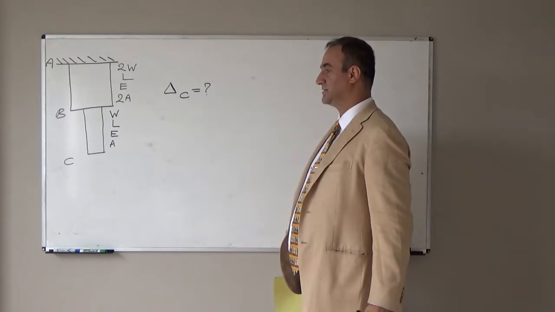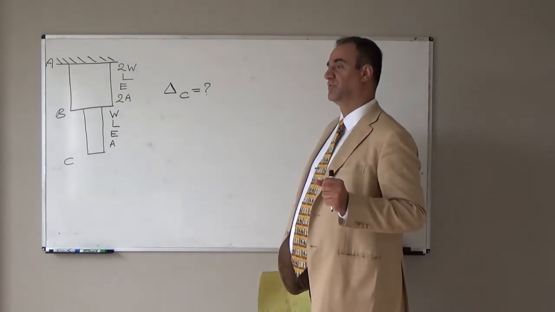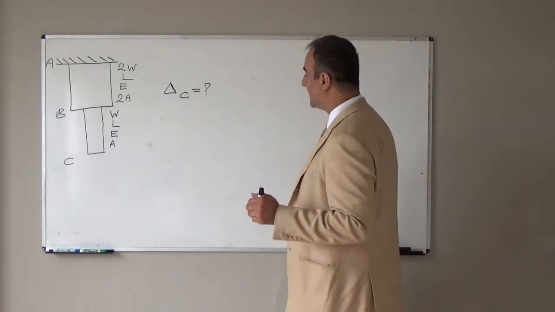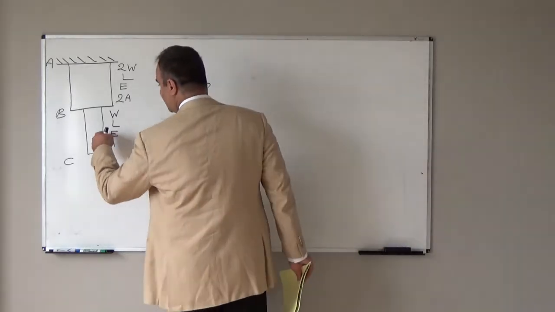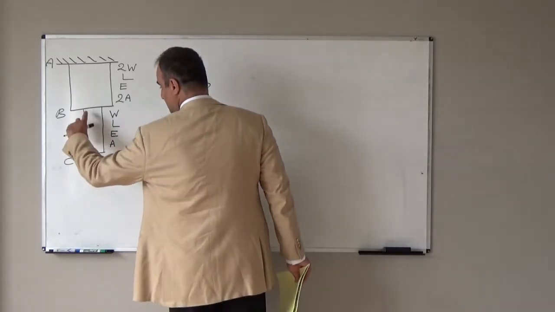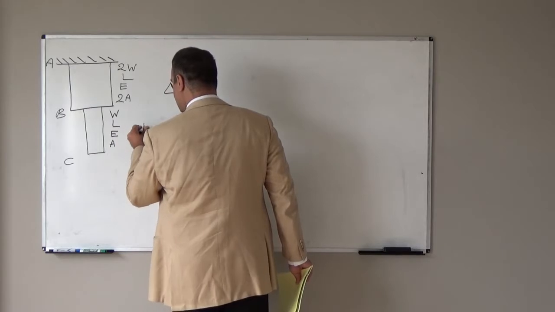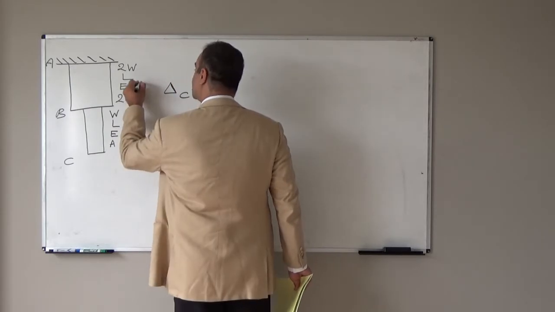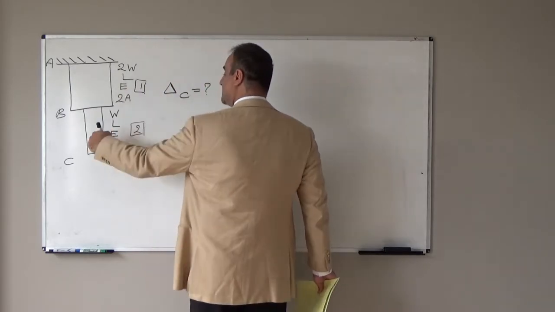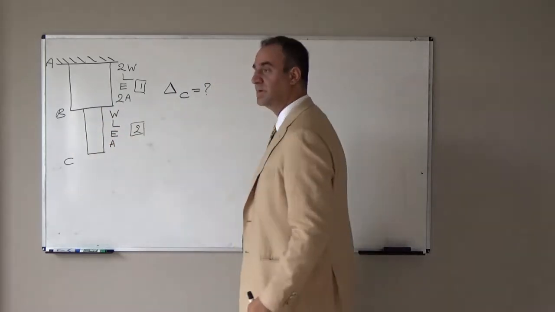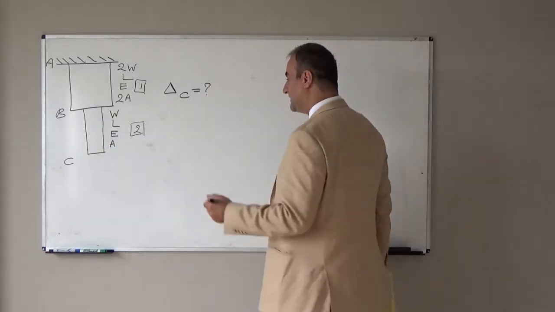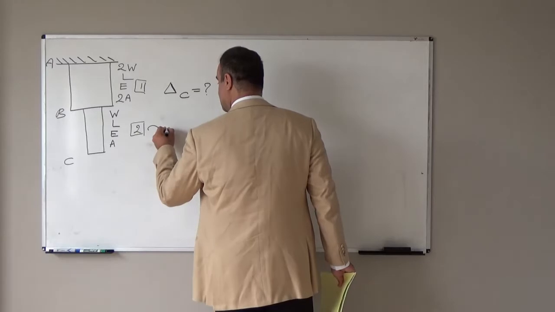Delta C here will have 3 components. One will be deformation of this part only, for example, part 2, part 1. Deformation of this part 2 under self-weight, we calculate that using integration.